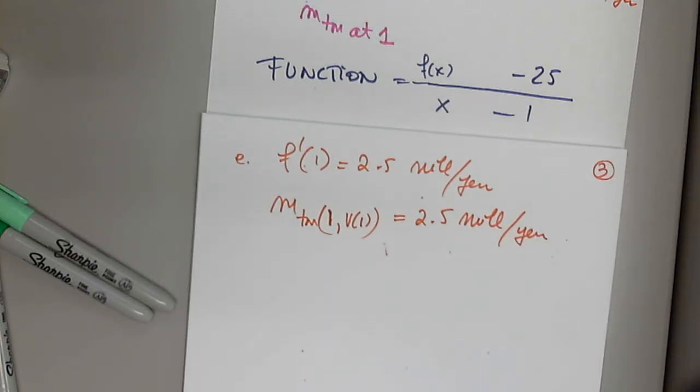Approximate the rate at which the value of the investment is changing at t equals 1.